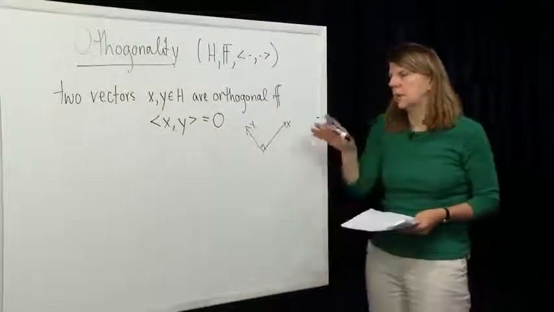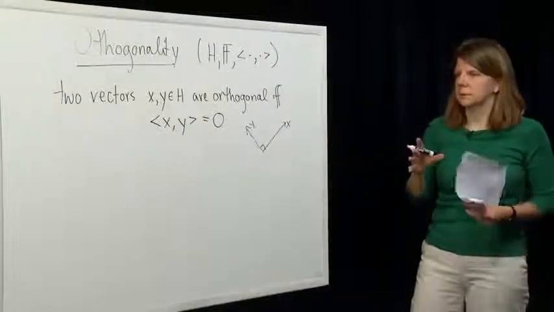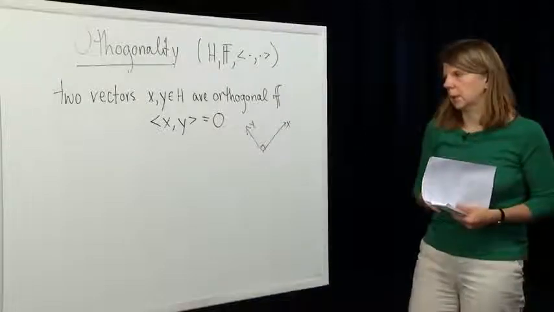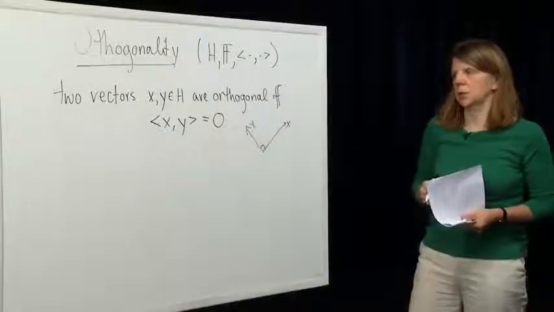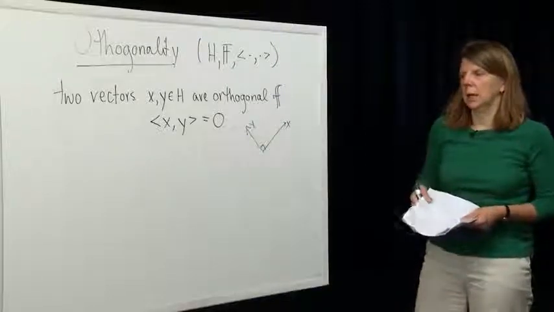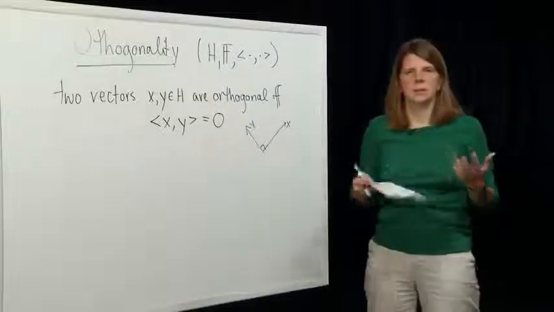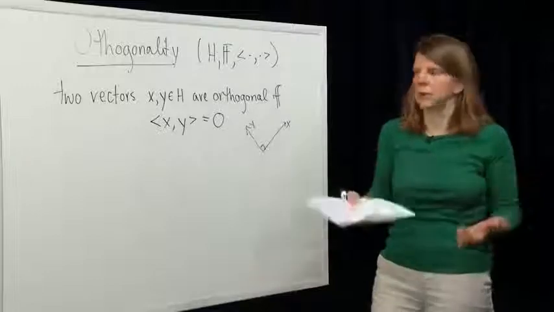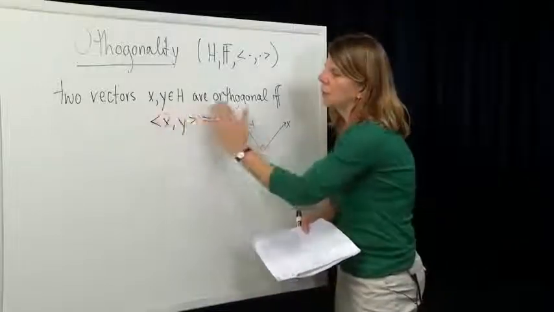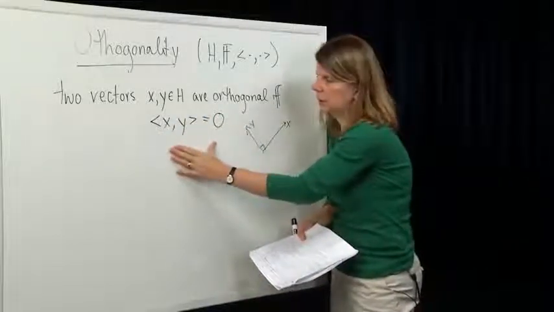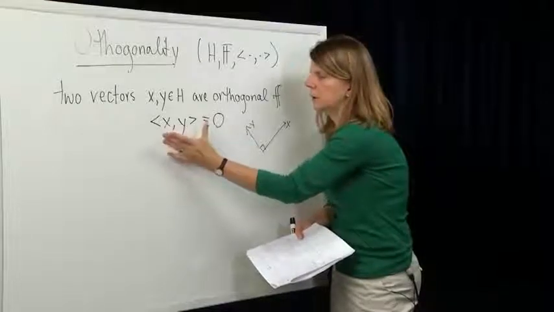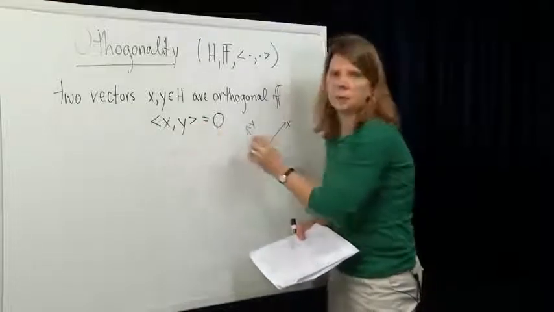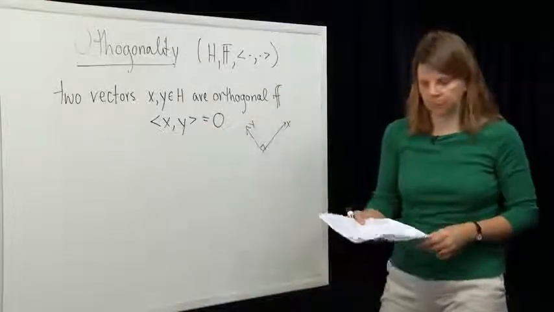So in R2, there's a very nice simple geometric interpretation for orthogonality of vectors. But as we know, we're generalizing to vector spaces which are not necessarily Rn or Cn, for example, function spaces. And so we generally define orthogonality as being the inner product between those vectors being equal to 0.